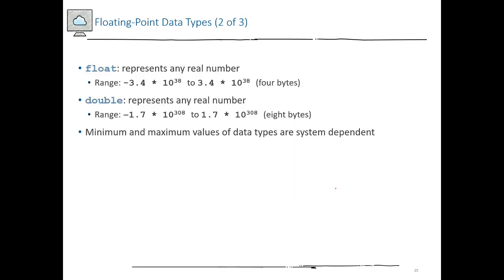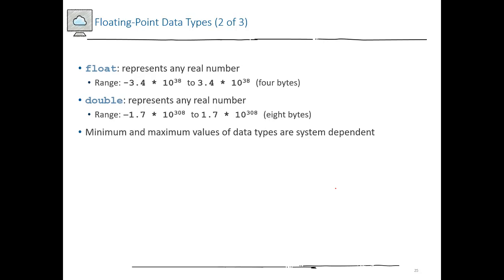Floating data types represent any real numbers. Float uses 4 bytes in memory, whereas double is double that, which is 8 bytes. So if you're going to use decimal numbers, I suggest you go with double, so that you don't run out of space.